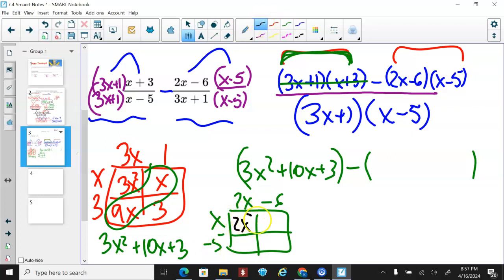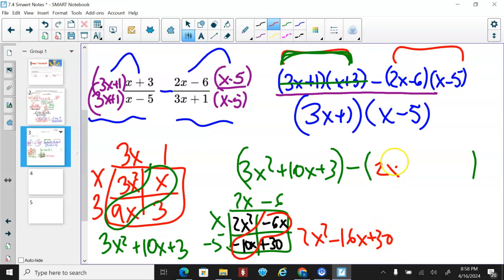So that's 2x squared minus 6x minus 10x plus 30. Combine like terms. We get 2x squared minus 16x plus 30.